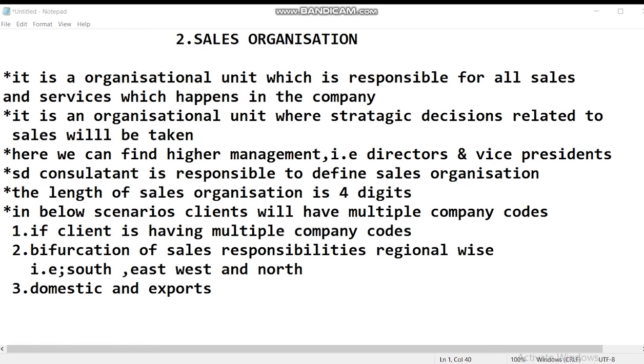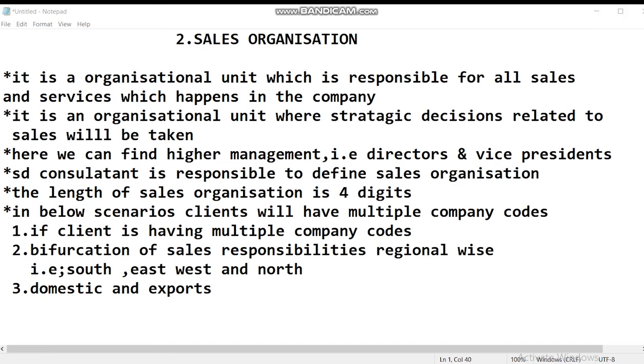It is an organizational unit where strategic decisions related to sales will be taken. So in the sales organization, we can find higher management, directors and vice presidents. Those people will take the strategic decisions about sales, nothing but how to improve the sales and how to attract the customers. So it's all about sales. Simply, the sales organization deals with the strategic decisions related to sales and is responsible for the sales and services which happen in the company.